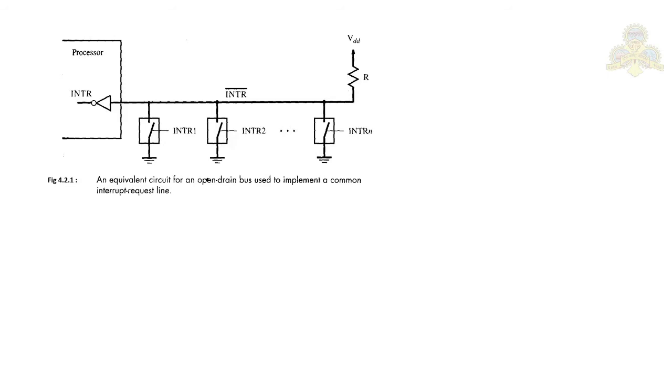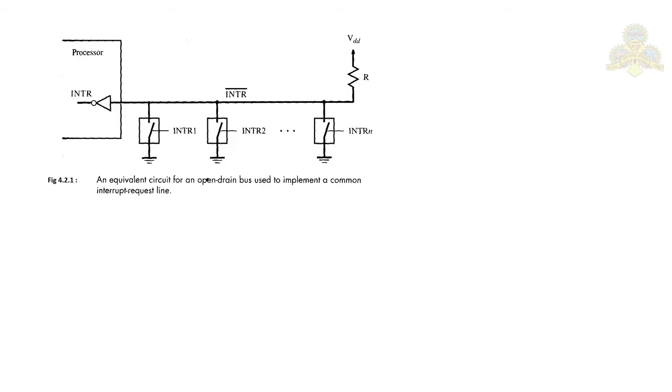For example, you have device 1 here, device 2, likewise device n. It is not necessary that device 1 will initiate the interrupt first, then device 2, and so on. It may be that device 3 first initiates the interrupt, then device 1, then device 2. This can happen, or at the same time, these multiple devices can request the interrupt.